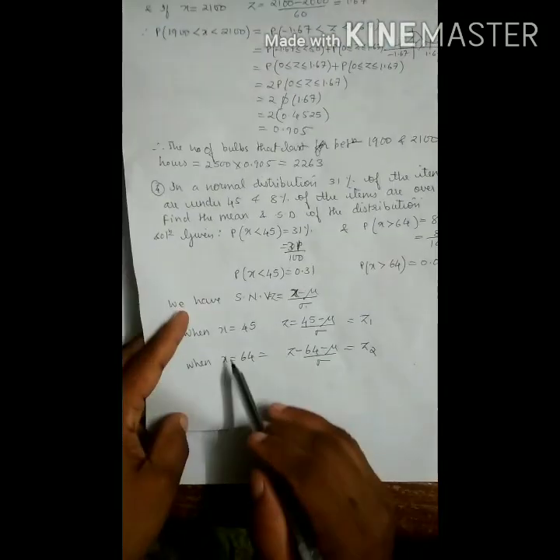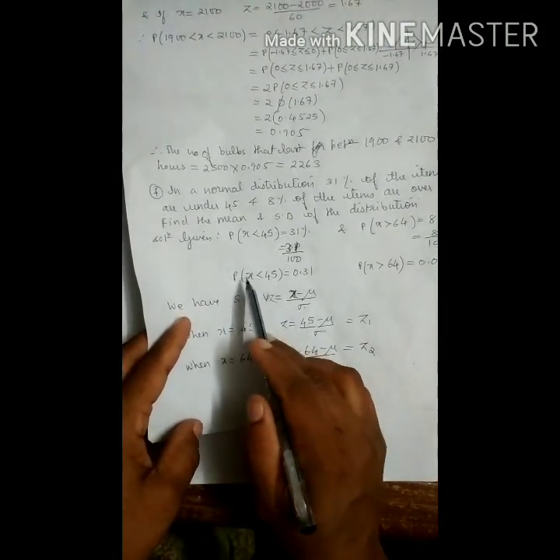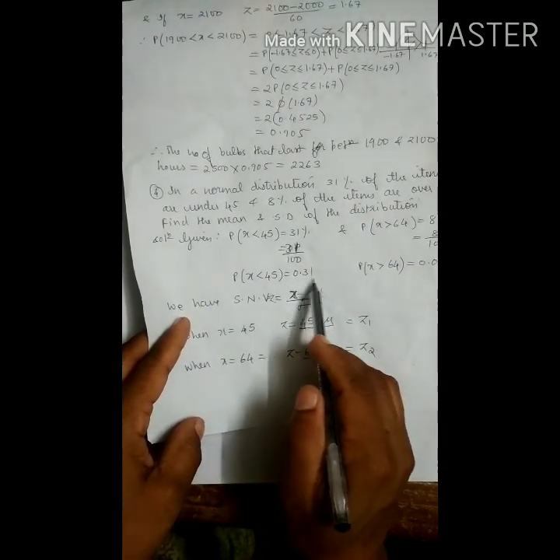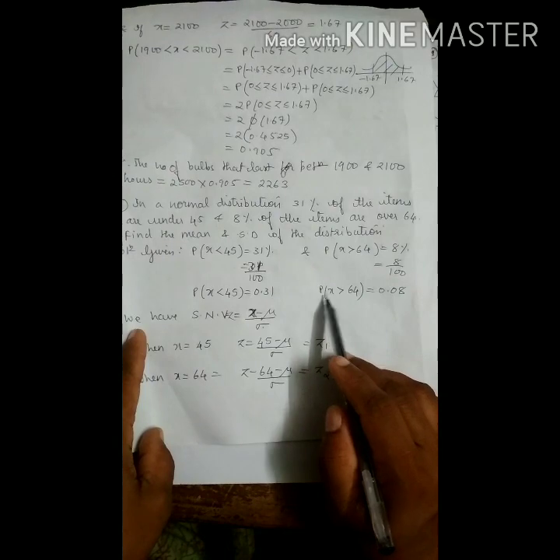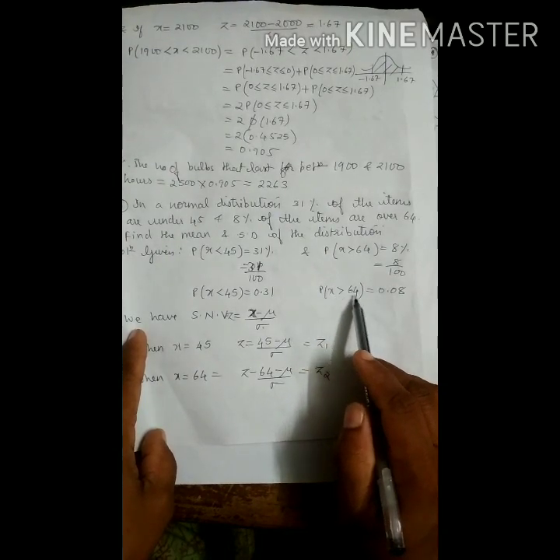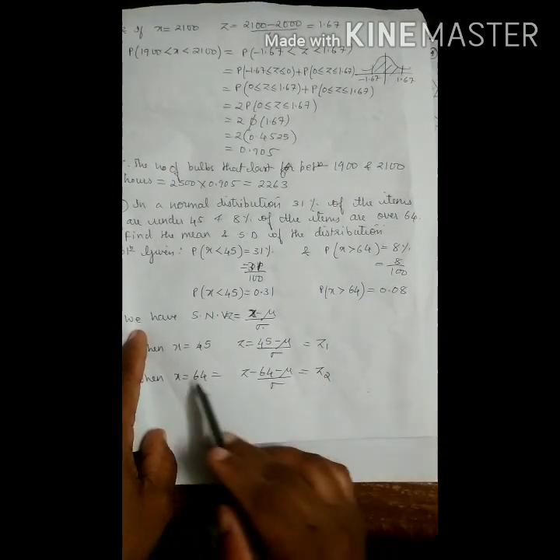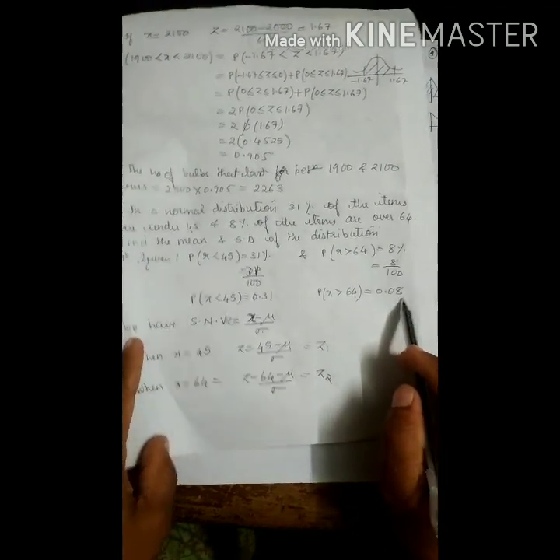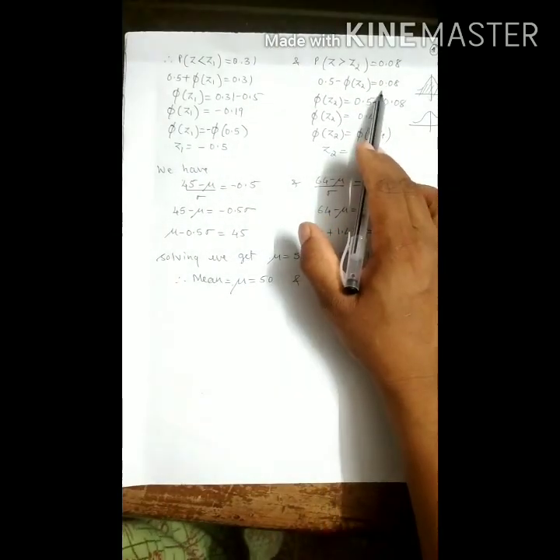So P of x less than 45 becomes P of z less than Z1, equal to 0.31. And P of x greater than 64 becomes P of z greater than Z2, equal to 0.08, where I have denoted Z2 for x equal to 64.